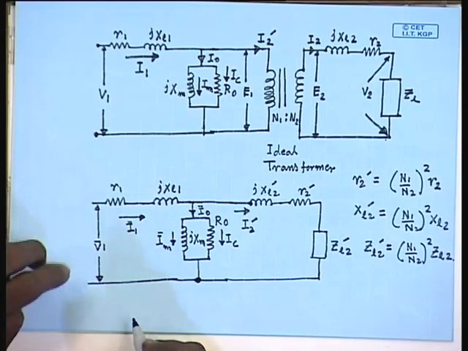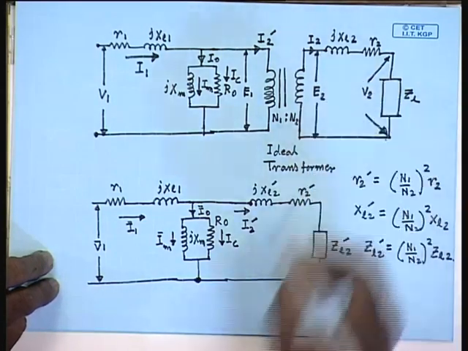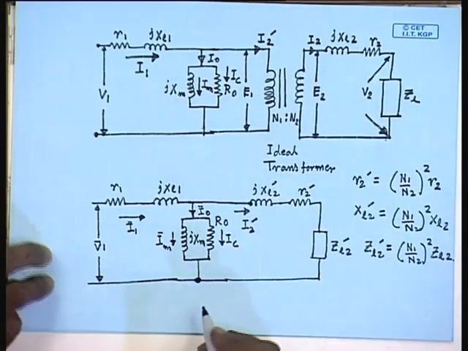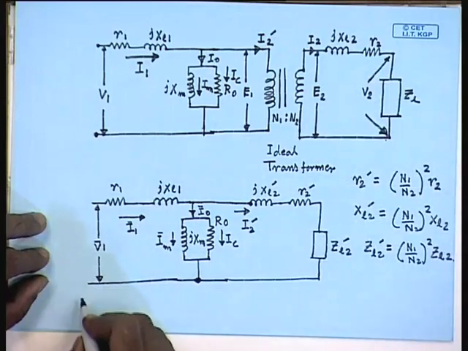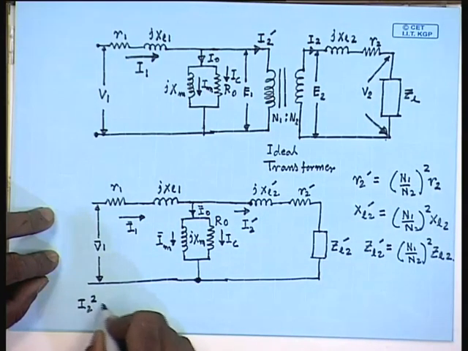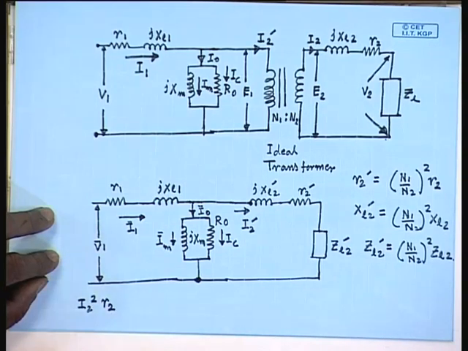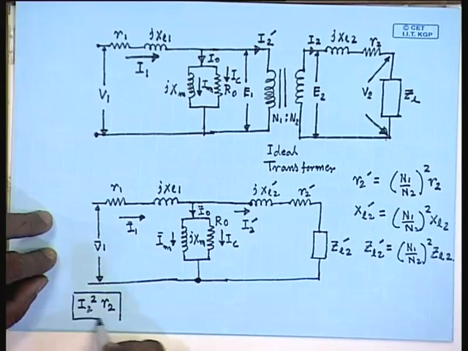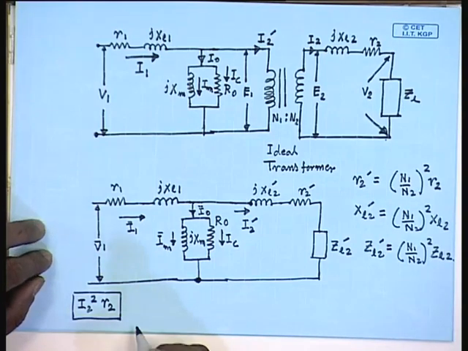Now, let us see, the actual secondary current was I2. The power loss in the resistance was I2 square R2. This was the actual power loss in the secondary circuit.